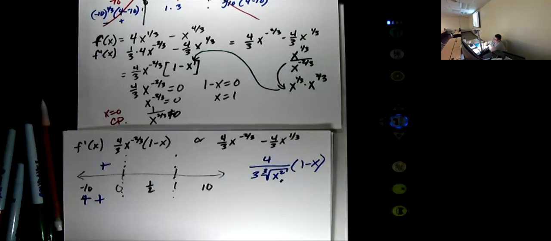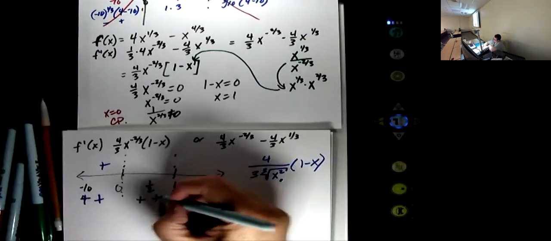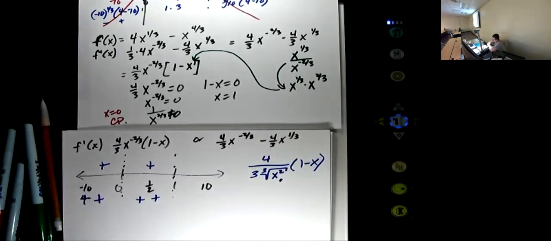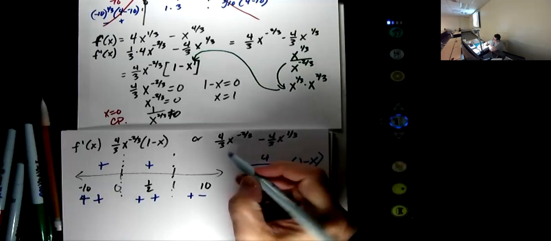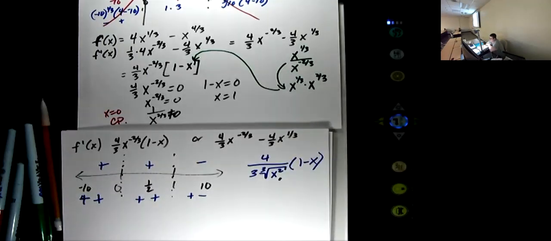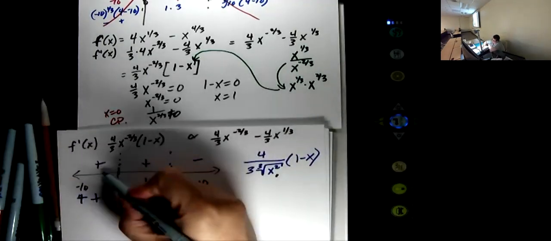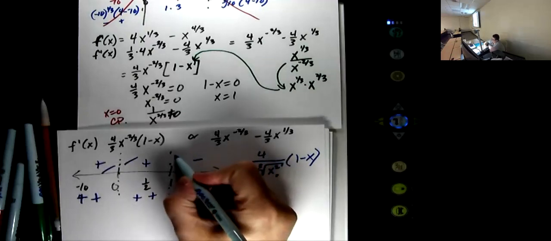Same with the 1/2, positive and positive. And we stick in 10, we get a positive and a negative. 1 minus 10 is -9, so that's a negative. So we have increasing region, decreasing region.